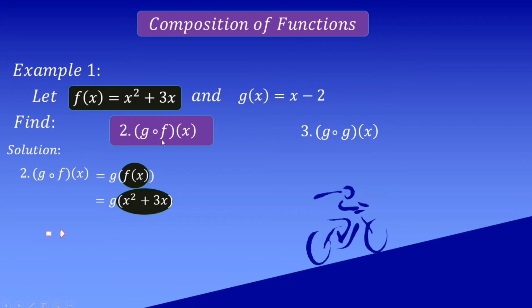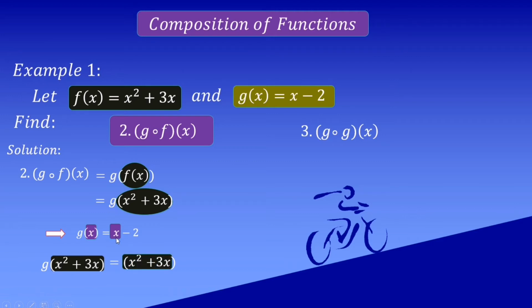So we use g of x as our function. g of x is equal to x minus 2, and then replace all x with the domain of g. So x becomes x squared plus 3x. Then it is equal to, originally from x, x squared plus 3x, then minus 2.